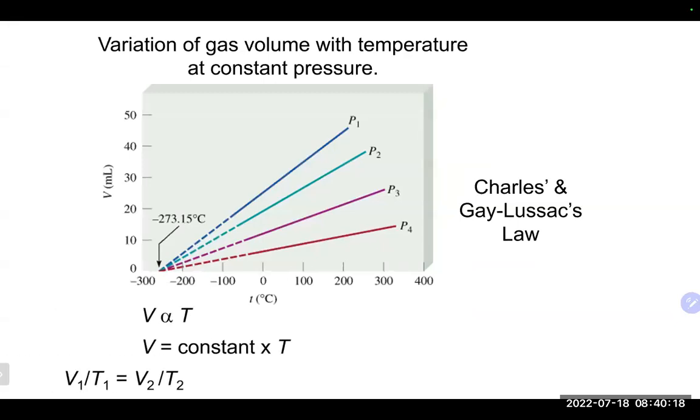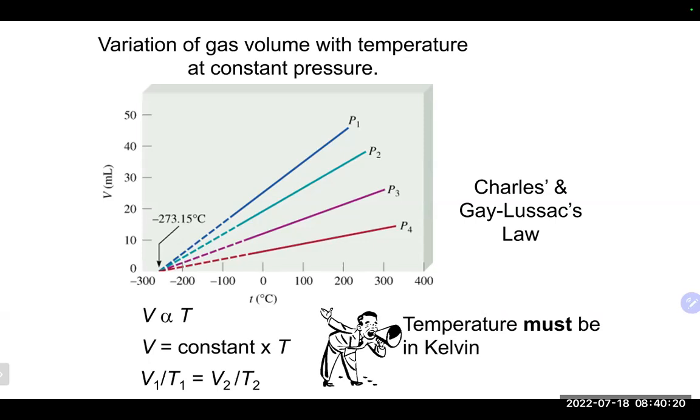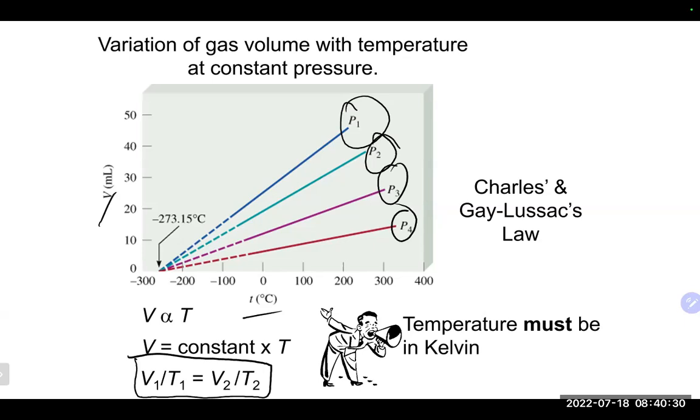And again, if you take an actual graph of any gas you like, and you graph basically the volume versus the temperature in Celsius, and you extend the line for that graph all the way back to the temperature axis, they will all hit the exact same number, which is minus 273.15 degrees Celsius.